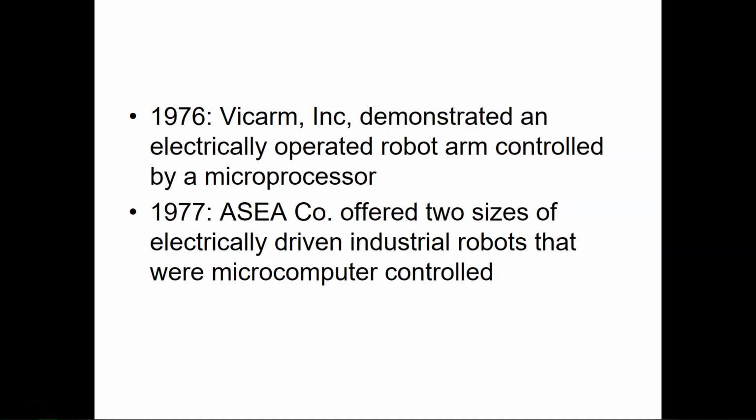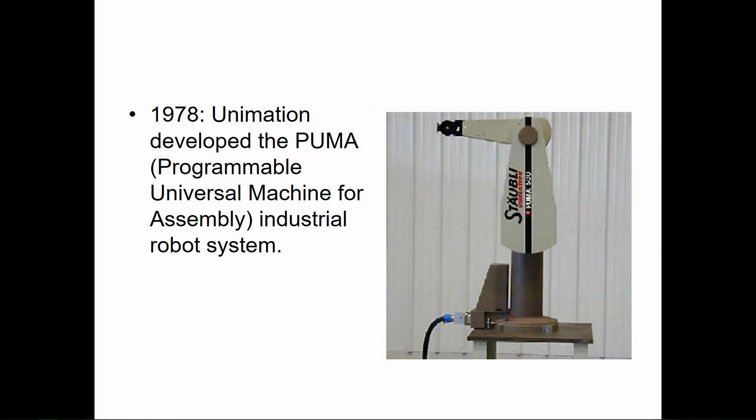In '76, Viacom demonstrated an electrically operated robot arm controlled by a microprocessor. In '77, they offered two sizes of electrically driven industrial robots that were microcomputer controlled.